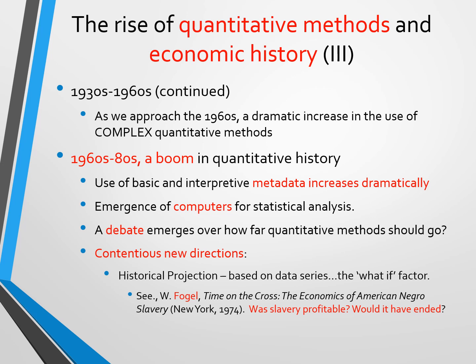Let's compare the 2 over 500 cities. And then we can create a kind of statistical map of where we have the most and the least violent crime. That kind of use of metadata increases dramatically.